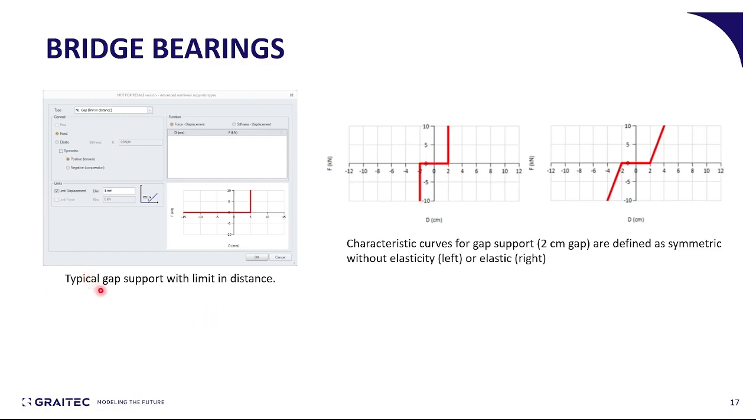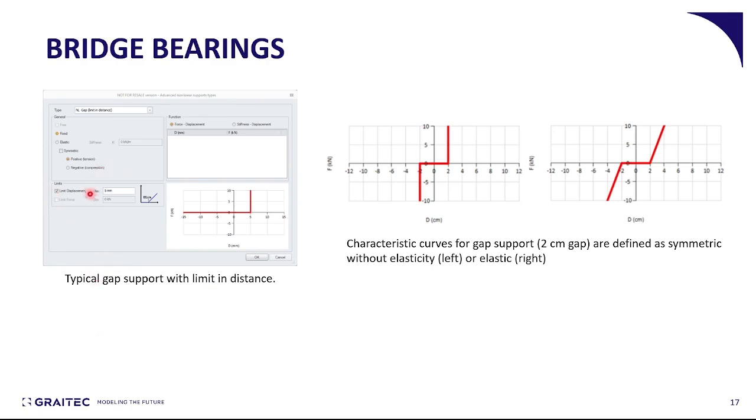It is named a gap support, and is basically blocking the requested degree of freedom after a limit displacement, as it is called within the interface of the software.